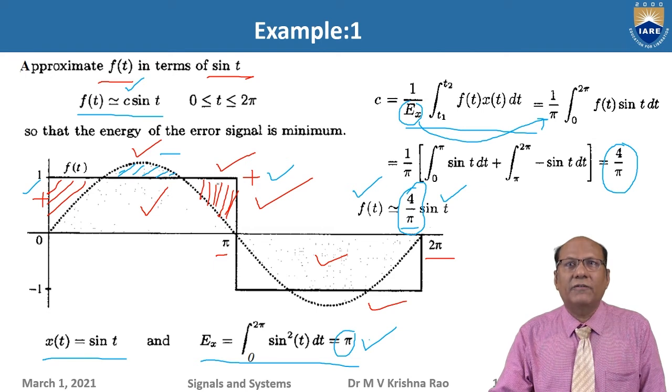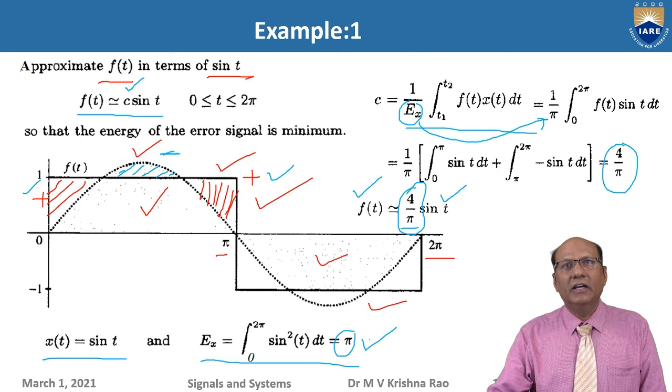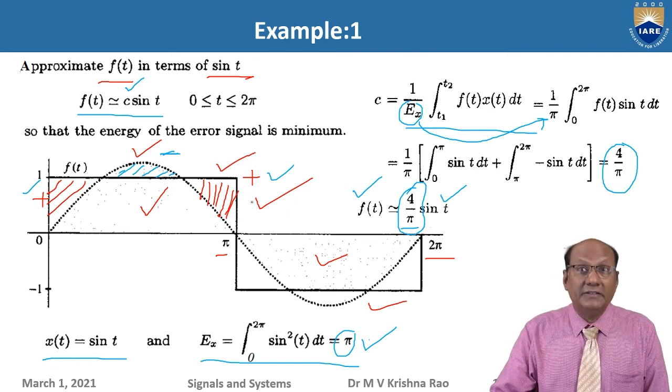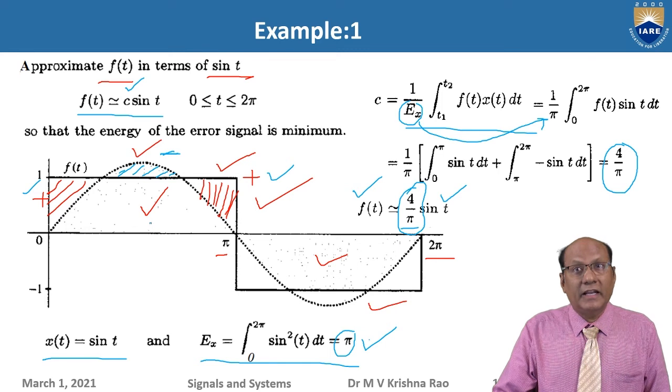As I have shown graphically here, there are positive areas of error and negative areas of error. But here you should remember that I am not interested in just the area, positive and negative, and I cannot directly subtract. I am taking E square basically. When I take E square, what happens? Energy. So this negative area, why am I calling it a negative area? This is 1. This value is 1, and this is more than 1, let us say 1.2. So 1 minus 1.2 is minus 0.2.